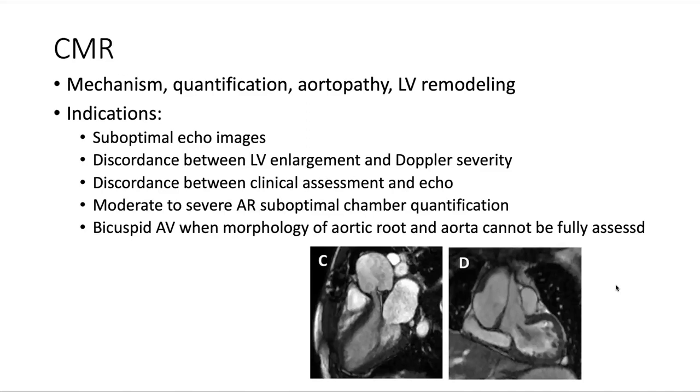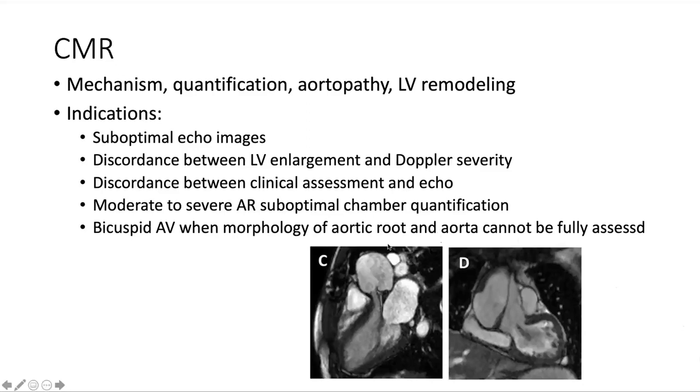The indications where they say you may want to make a referral to cardiac MRI would be suboptimal echo images, discordance between LV enlargement and Doppler severity, discordance between the clinical assessment and your echo, which you mentioned before, moderate to severe AR with suboptimal chamber quantification, which is pretty self-explanatory, and then just for more detailed assessment of the aortic root, particularly in those who have a bicuspid aortic valve.